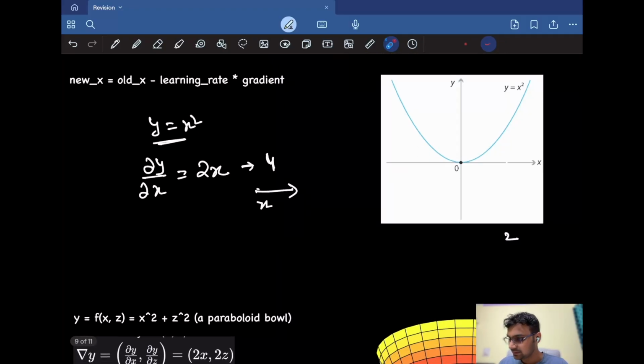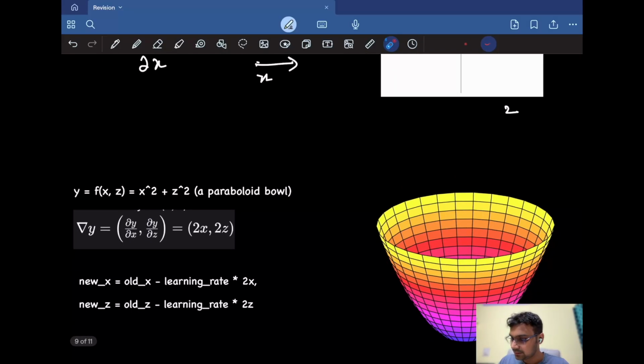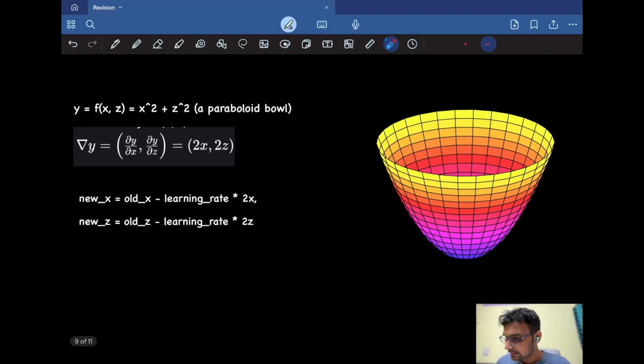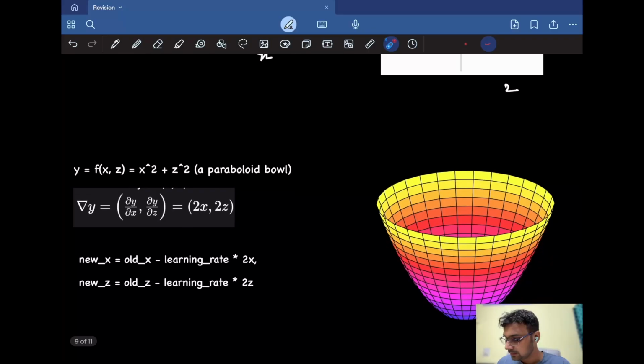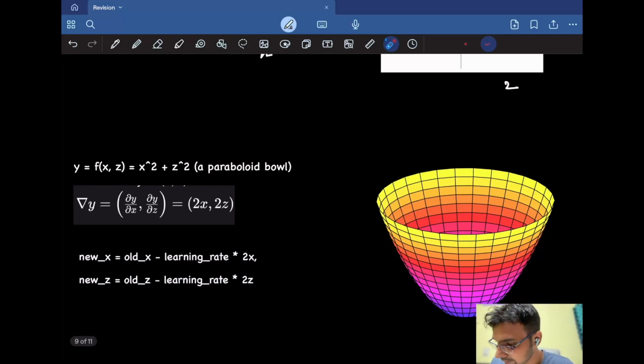This is just basic math, 11th-12th grade math. Then let's extend this concept to the 2D plane. Let's say our parabola is x square plus z square in a 2D plane. This is basically the shape of a bowl.